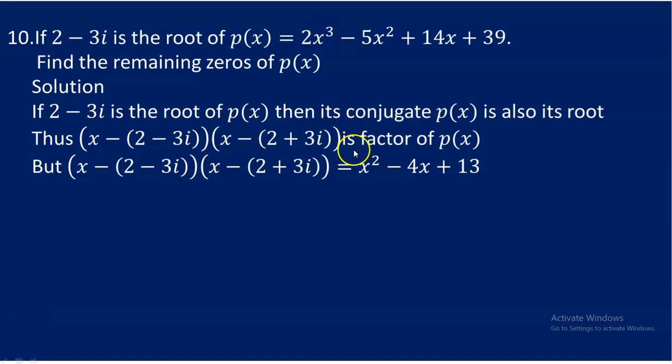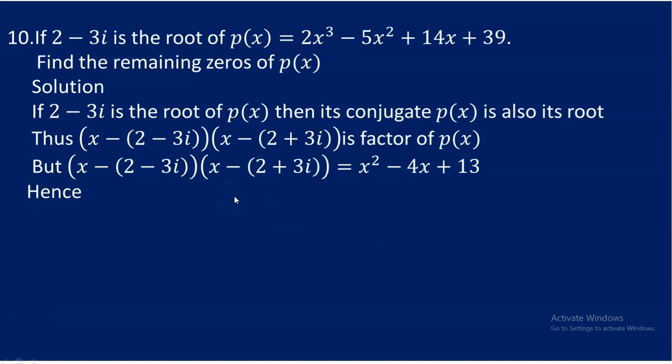So their product gives us this quadratic expression, and the remaining expression can be obtained by dividing p by x squared minus 4x plus 13. To do that, students, you need to apply the long division technique you studied in high school.